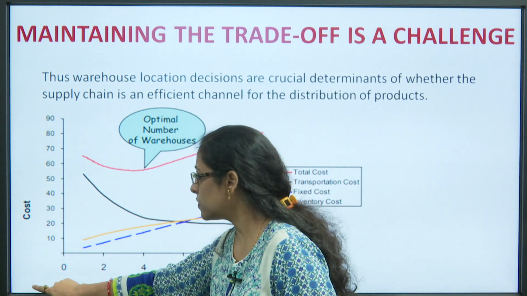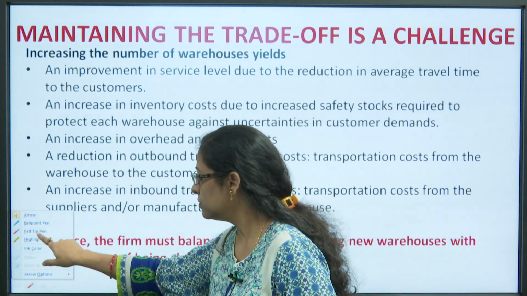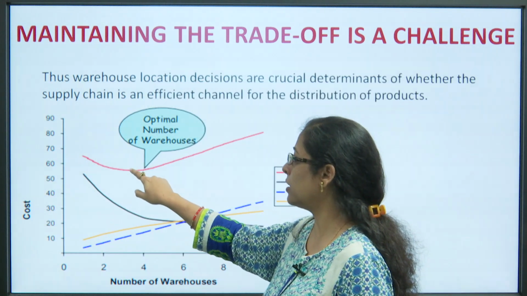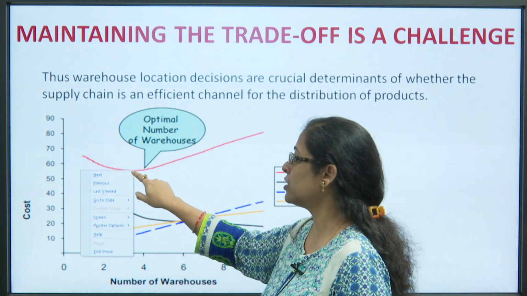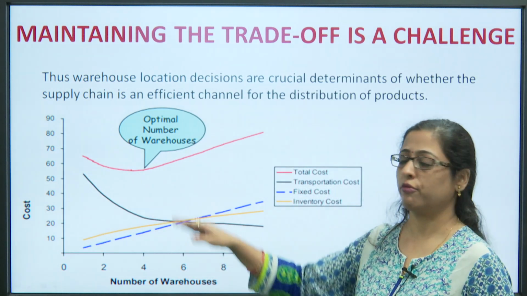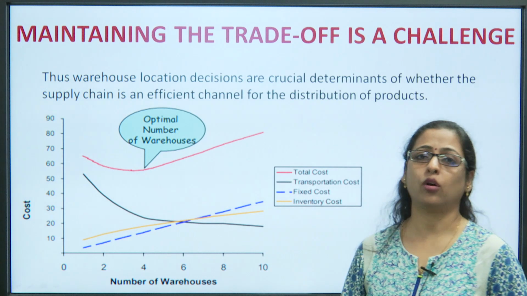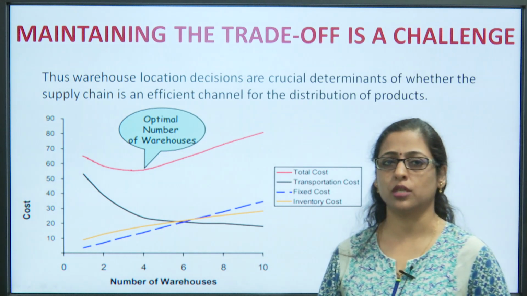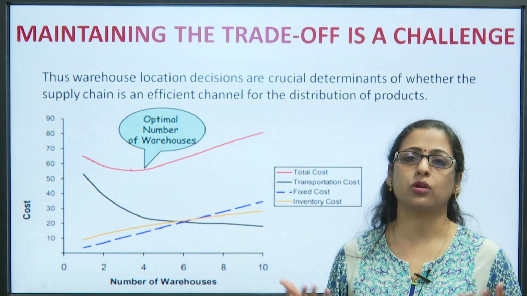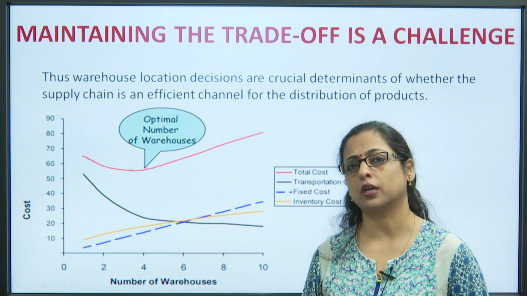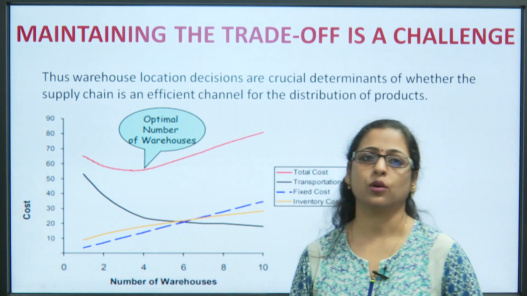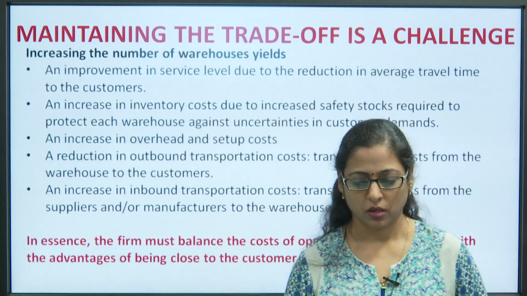So, the company must try to understand the point at which they have the least cost, because opting for that number of warehouses will help the company not only serve customers of a larger geographical area, but also minimize their costs.